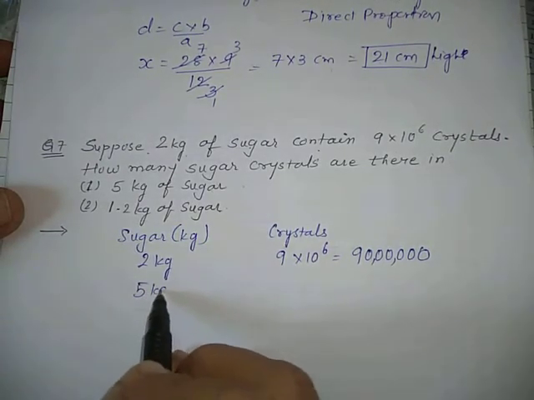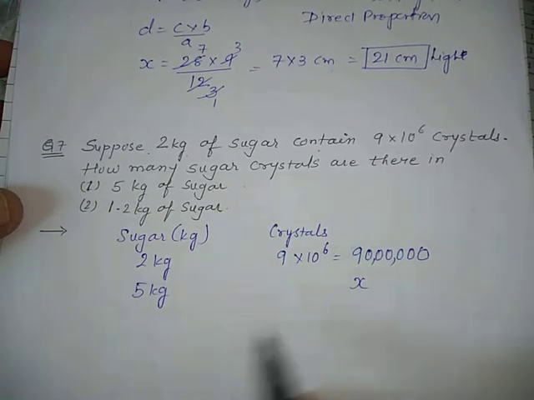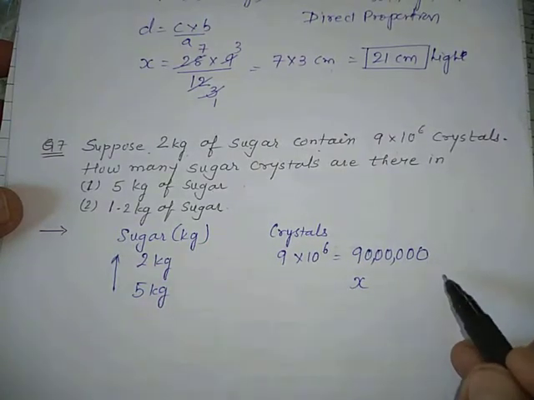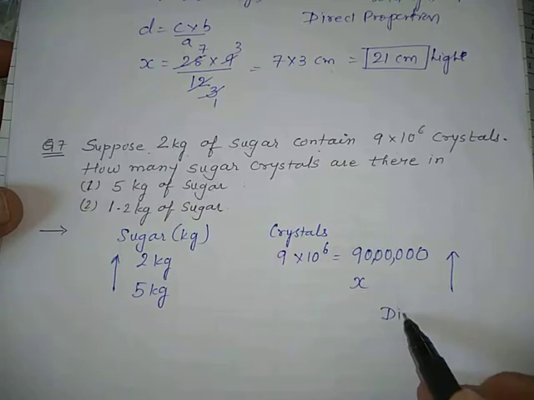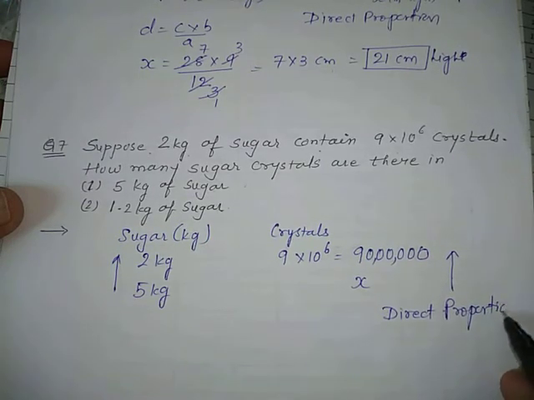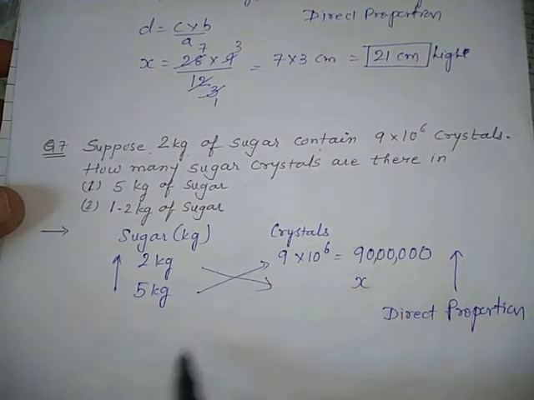So 5 kg, how many crystals are there? X. So definitely as the weight of the sugar increases, the number of crystals also increases. So it is direct proportion. So when direct proportion, we know that it is cross multiply.